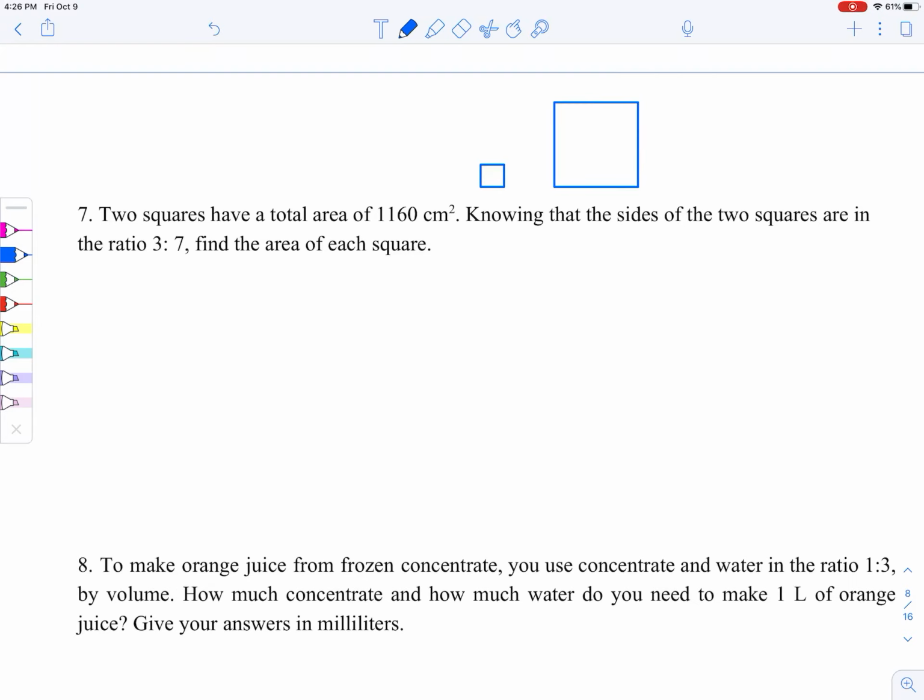If I know that the ratio of the sides is 3 to 7, let's take a moment to think about what that means for the ratio of the areas.